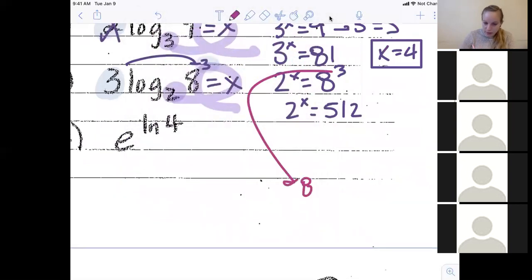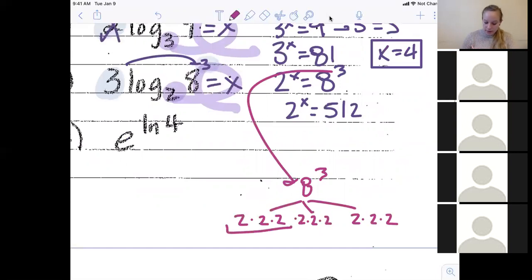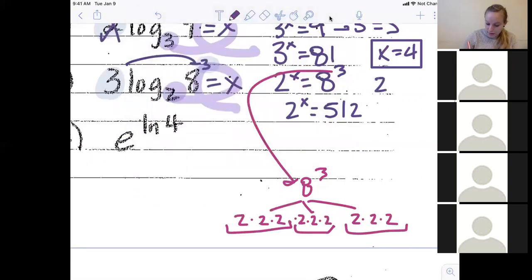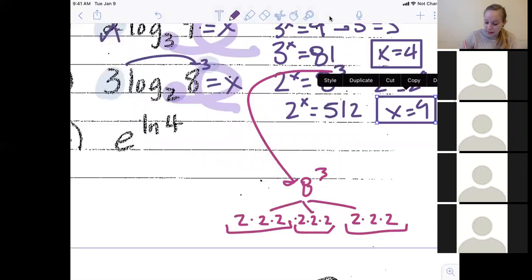If it's 8 to the third, that means I have 3 8s, and 8s are made up of 3 2s. 2 times 2 times 2, 2 times 2 times 2, 2 times 2 times 2. And that is 3, 6, 9 2s. So that's the same thing as 2 to the x equals 2 to the 9th. In either direction, x is going to equal 9.